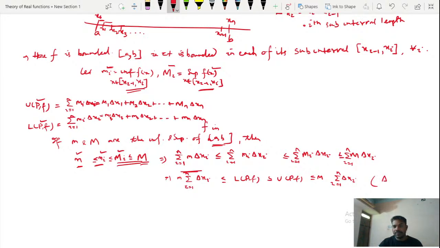We already calculated the summation of del xi, I from 1 to n. This is your b minus a, that means your xn minus x naught. So we can put m into b minus a, and this thing is less than or equal to LPF, less than or equal to UPF, less than or equal to capital M into b minus a.